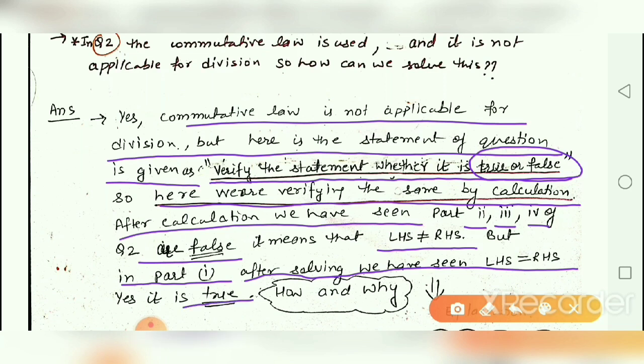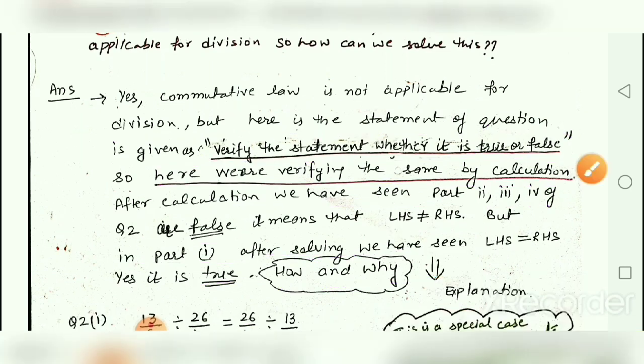Yes, it is true. And how and why? Let me explain this through the same question, because this is a special condition to make division commutative, that is, to make division true for commutative law. This is a special case. How? Let me explain.